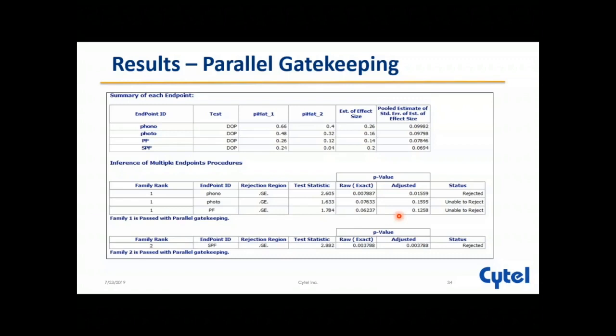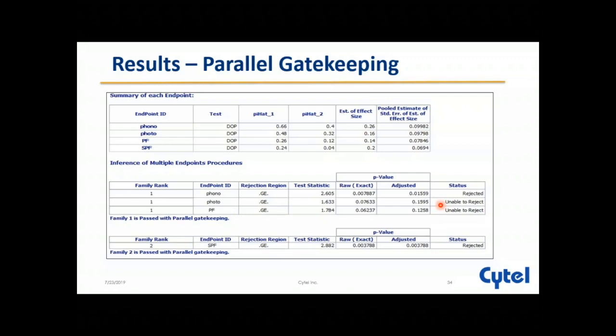We have seen the adjustment by taking the maximum of test statistic and using the cutoff. So here you can see the adjusted p-value for the first endpoint, phonophobia or absence of phonophobia, is significant. So for that particular endpoint, we can say the hypothesis is rejected, while for the remaining 2, it is unable to reject. The status says unable to reject.